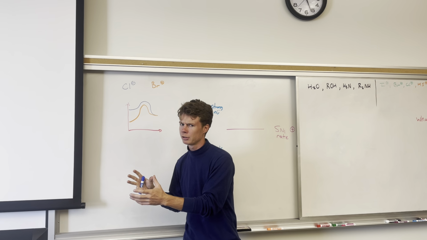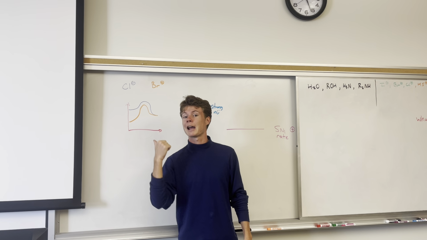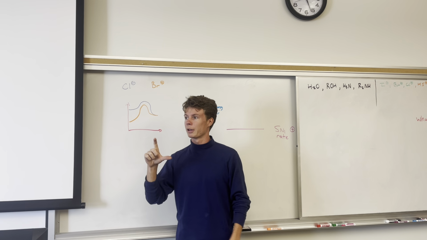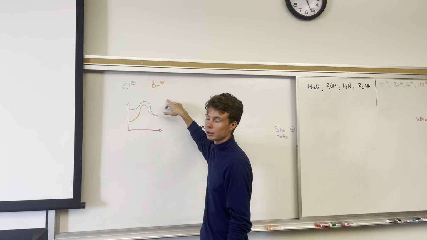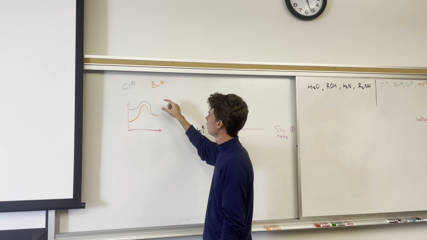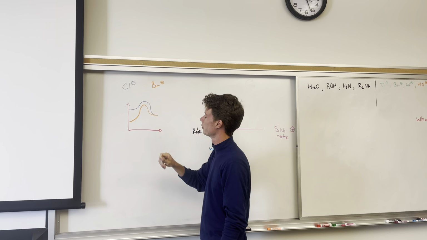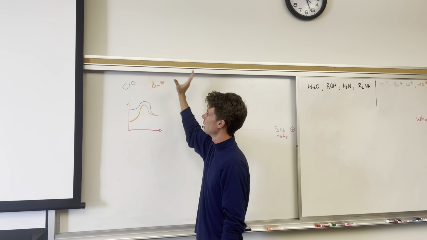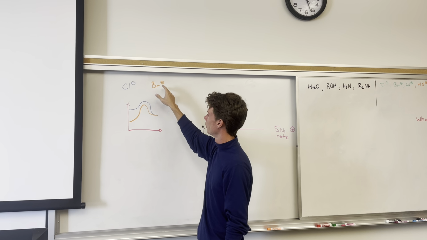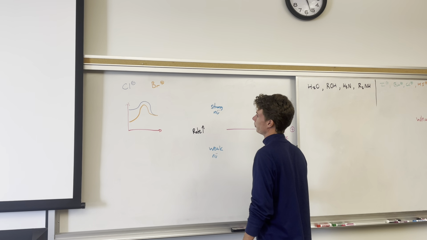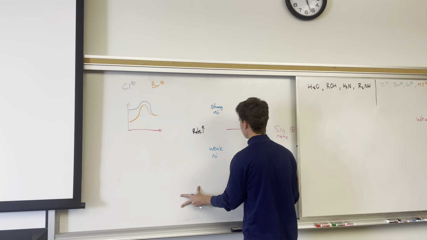I wouldn't pay a lot of attention to it, but do know that this is down to activation energy and rate rather than starting points. And again, chlorine is better because it's smaller in this case. So as we get smaller, usually we get better nucleophiles. Of course, these both have negative charges on them.